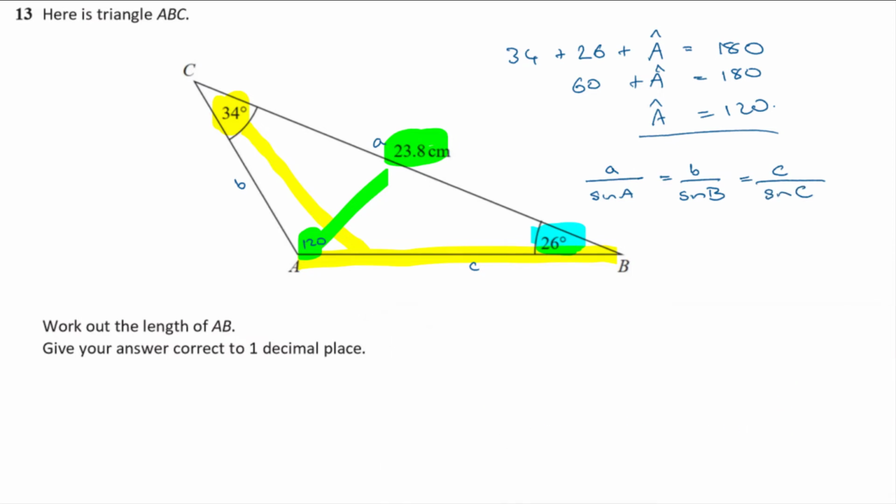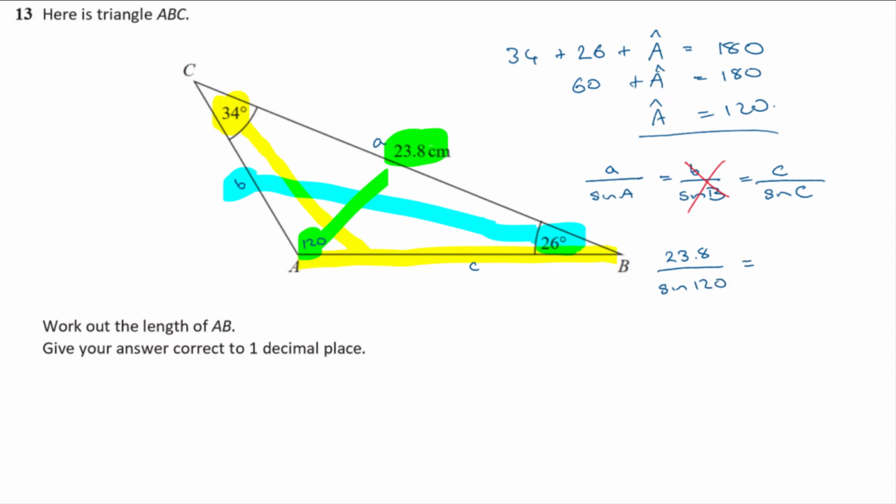Now, there's always one bit that you don't use for the sine rule. In this case, it is B, because I'm not interested in that one. So I'm going to cross out B. So actually, I want A over sine A is equal to C over sine C. I'm going to start subbing in things that I know. A is 23.8. Sine A is sine 120.